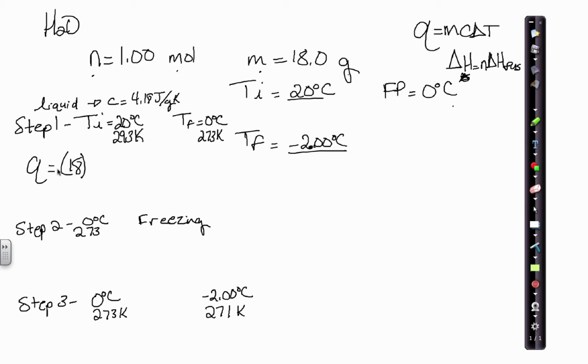18 grams, so that's my mass. C for the liquid will be this. And then my change in temperature, final minus initial, should be 273 minus 293, -20.